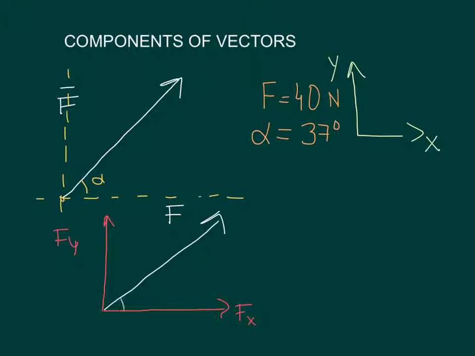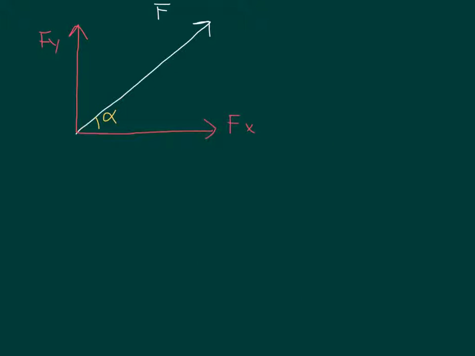And the angle alpha is here as it was before. Okay, so how many newtons are Fx and Fy? How big are these? How many newtons? That's the question. How do I know how large they are?